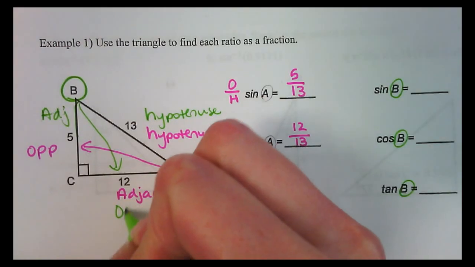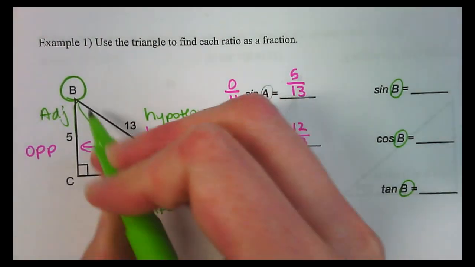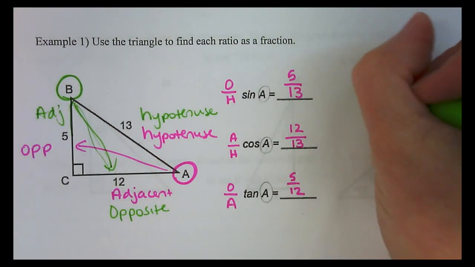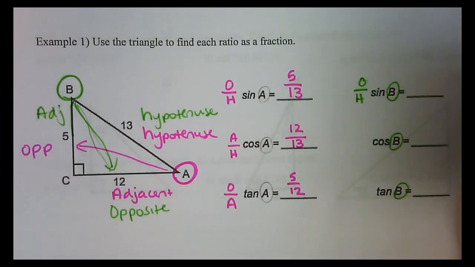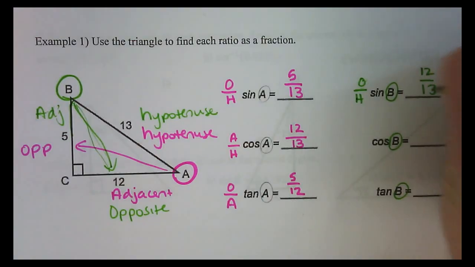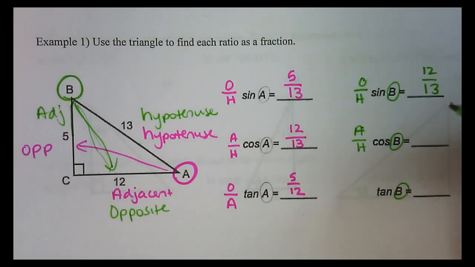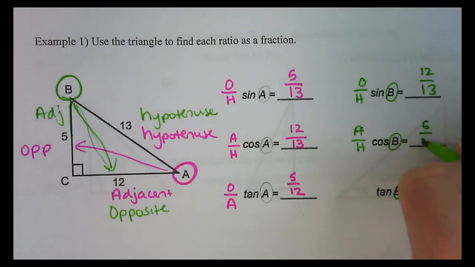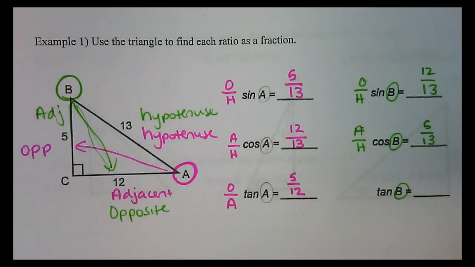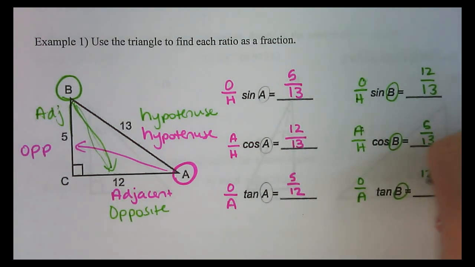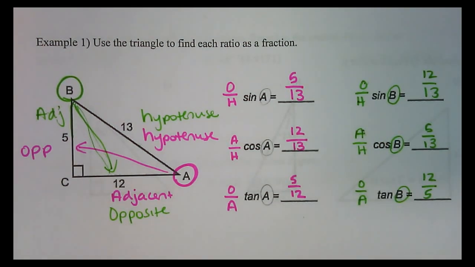This side over here is going to be opposite because it's across from angle B. So opposite over hypotenuse is going to be 12 over 13. Cosine is adjacent over hypotenuse, so it's 5 over 13. And tangent is opposite over adjacent, so 12 over 5.